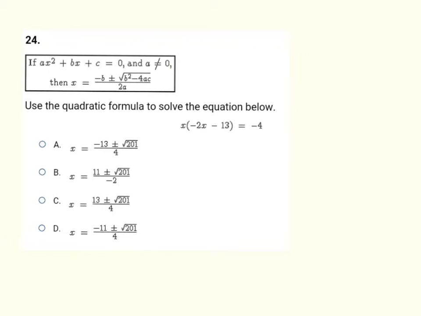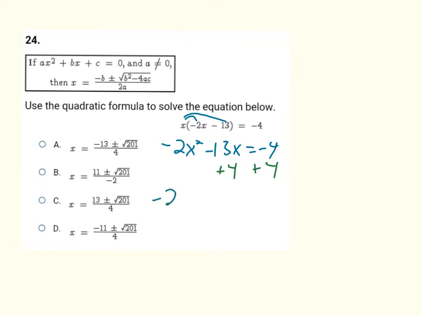This next equation asks us to solve using the quadratic formula. To use the quadratic formula, though, it has to be in standard form. So it has to be equal to 0. So I'm going to have to go ahead and solve this for 0. I'm going to distribute that x, and it's going to give me negative 2x squared minus 13x equals negative 4, and that needs to be set equal to 0, so I'm going to add 4 to both sides.